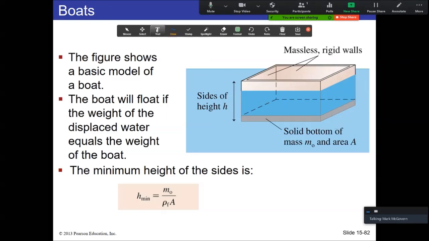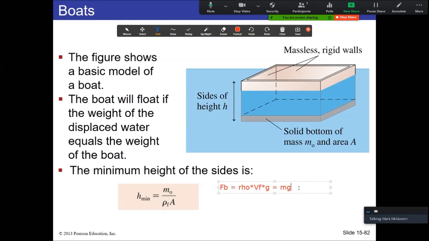The buoyant force is going to be rho for the liquid times the volume displaced, times g. If the object floats, that is equal to the mass of the object times g. So the buoyant force is equal to the weight of the object.